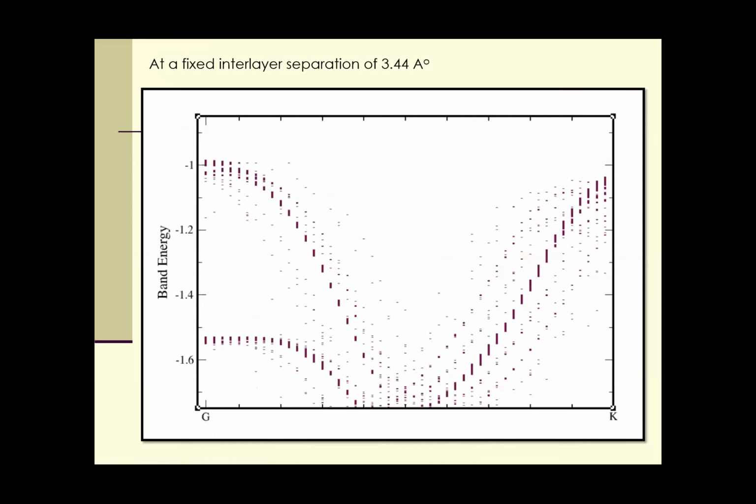For instance, in the 19.03 angle case, we had almost fixed interlayer separation, which varied from 3.42 to 3.47. So we took something intermediate, 3.44, and fixed the interlayer separation for this 3.48 angle. And even here, we see that we have a band structure, and we also have a small split off band.